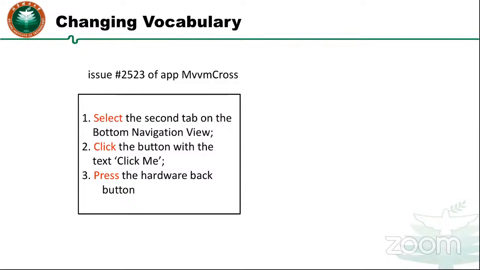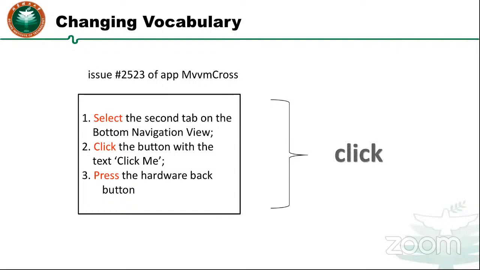This is a real bug report we extract from GitHub. In this example, we notice that the report leverages 3 different words, select, click, and press, to describe the same action, click. Because people may use different words to describe the same action, it's challenging to collect and classify all potential action words manually.